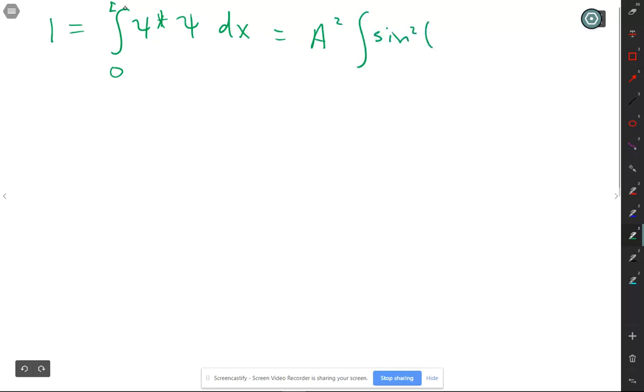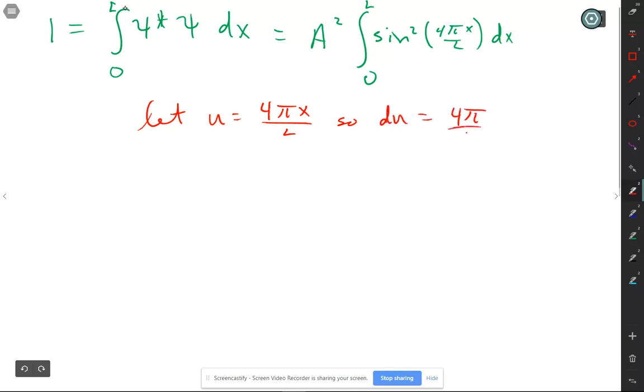Sine squared of 4 pi x over L dx. Now, this requires just a u substitution. Let u equal 4 pi x over L. So du is equal to 4 pi over L dx.